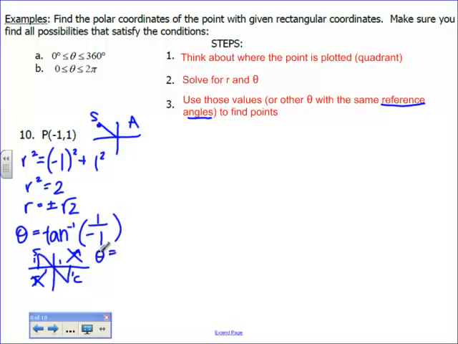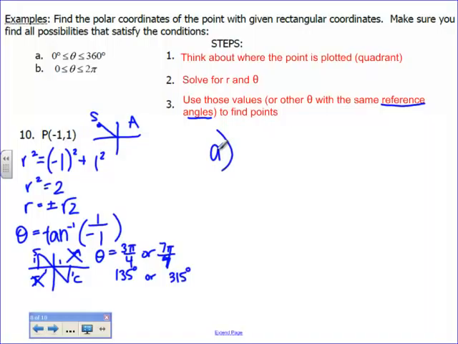That would mean theta is either 3 pi over 4 or 7 pi over 4, which is 135 degrees or 315 degrees. Because we need to think about it both in degrees and radians based on that example.